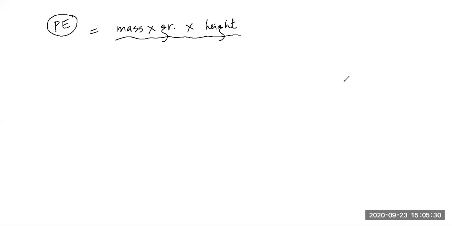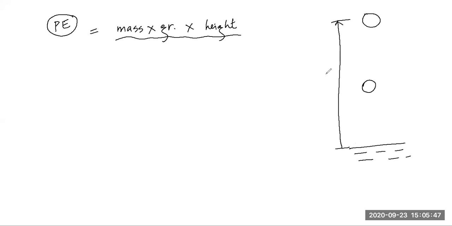You remember Pranav said, sir, if you drop the ball from here on the tiles, it will break the tiles. But if you drop the ball from higher up, there will be more destruction. Why? Because height has increased. This is H1 and this height is H2. H1 is greater than H2.